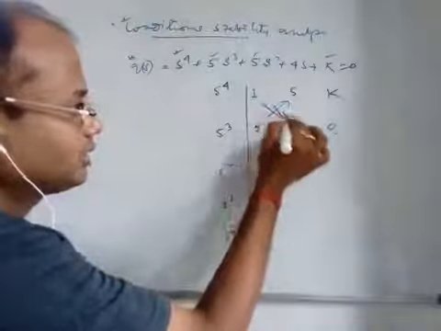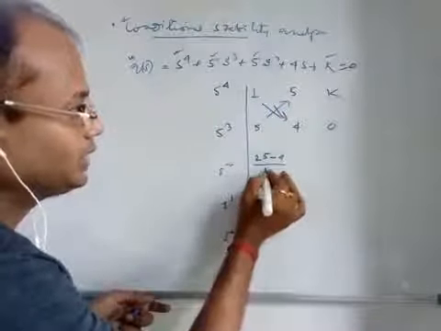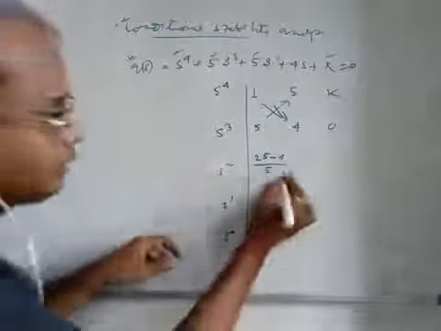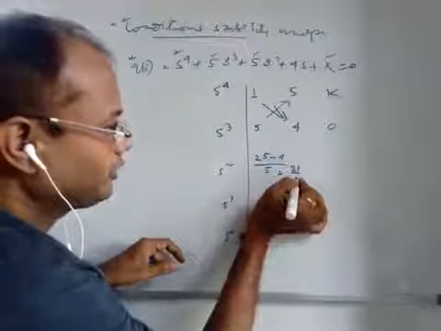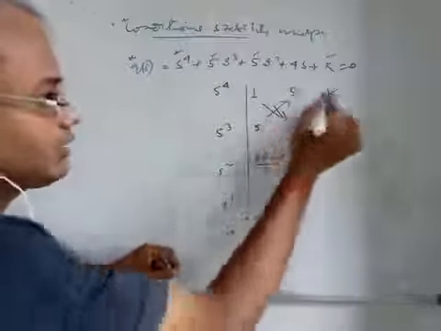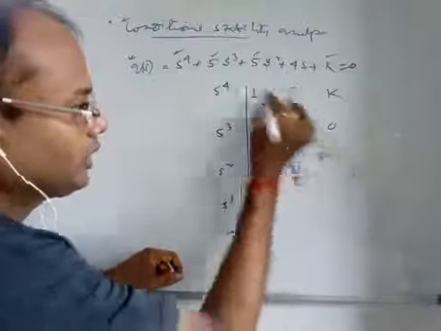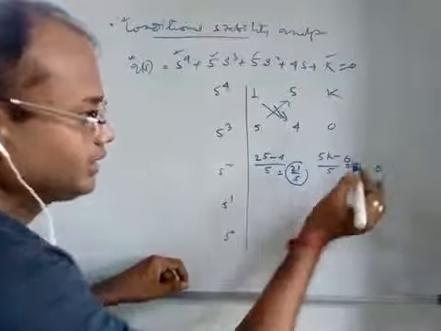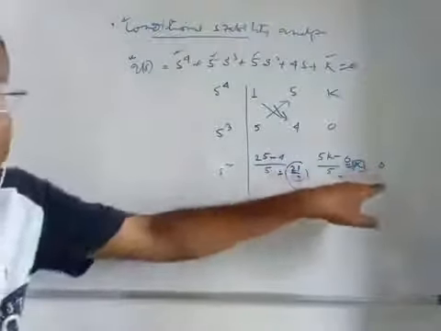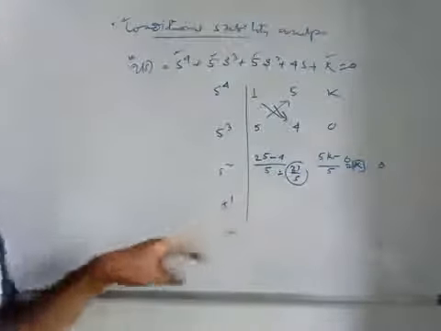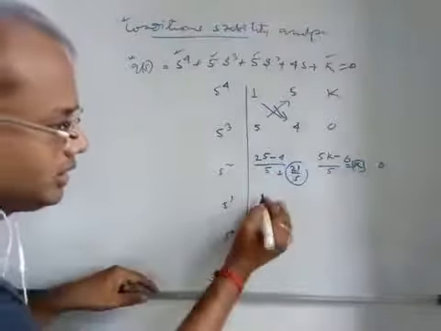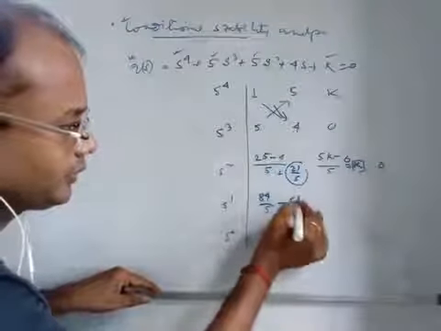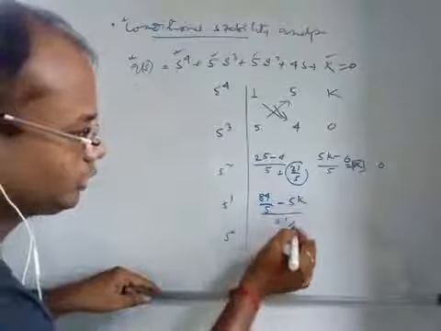25 minus 4 by 5, this is equal to 21 by 5, and next 5K minus 0 by 5, that means K and 0. So 21 by 5, K and 0. By the similar procedure you can find 4 into this, that means 84 by 5 minus 5K divided by 21 by 5.